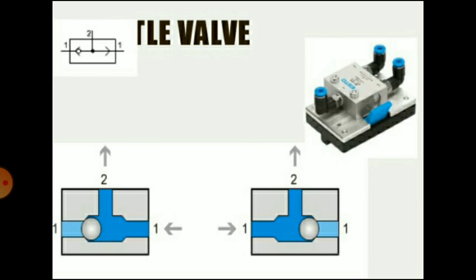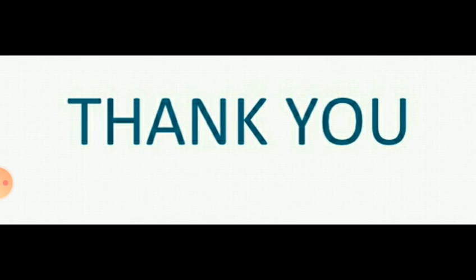A ball and spring type check valve is used to permit free flow in one direction but restrict the flow in the other direction. So this is regarding the direction control valves used in pneumatic systems.